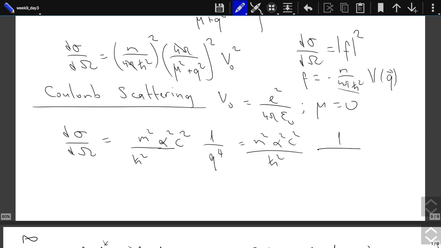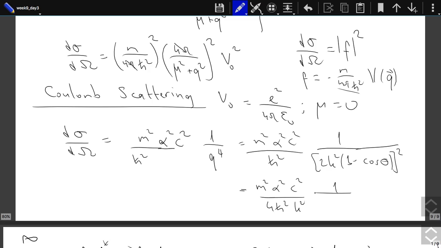We had already evaluated what q squared was. q squared was 2k squared times (1 minus cosine theta), squared, for h bar squared k squared, 1 over (1 minus cosine theta).